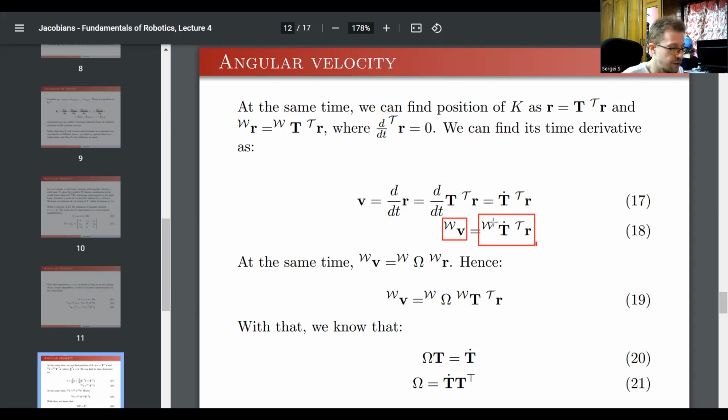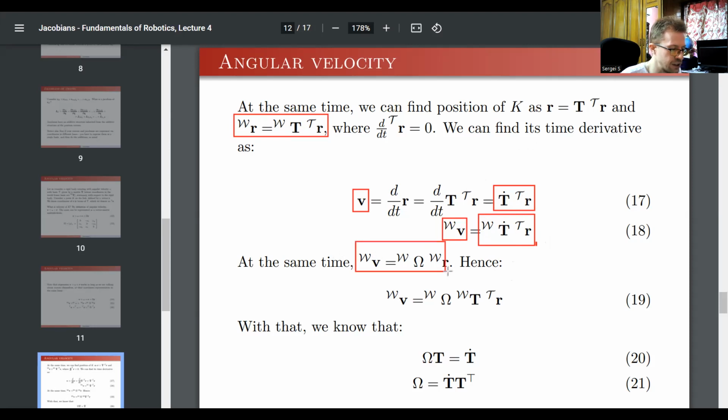How do we arrive here? There are two ways. One is to multiply this and this, which are equal to each other, by omega transposed. And you get V omega here, and T dot omega times R in T here. Another way is to say, okay, we could have used this expression, and we would have gotten V omega here, T dot omega here, R in T here. So there are two ways to arrive at the same conclusion.